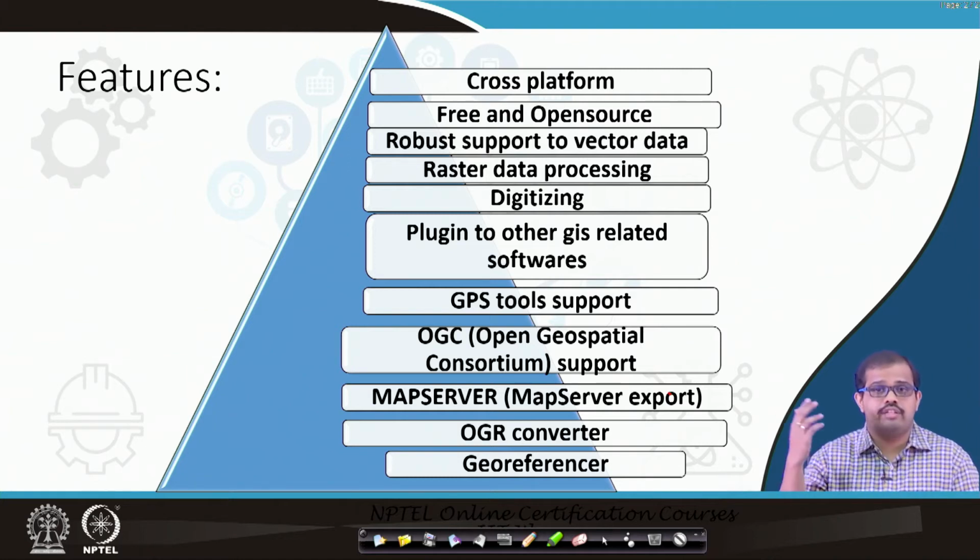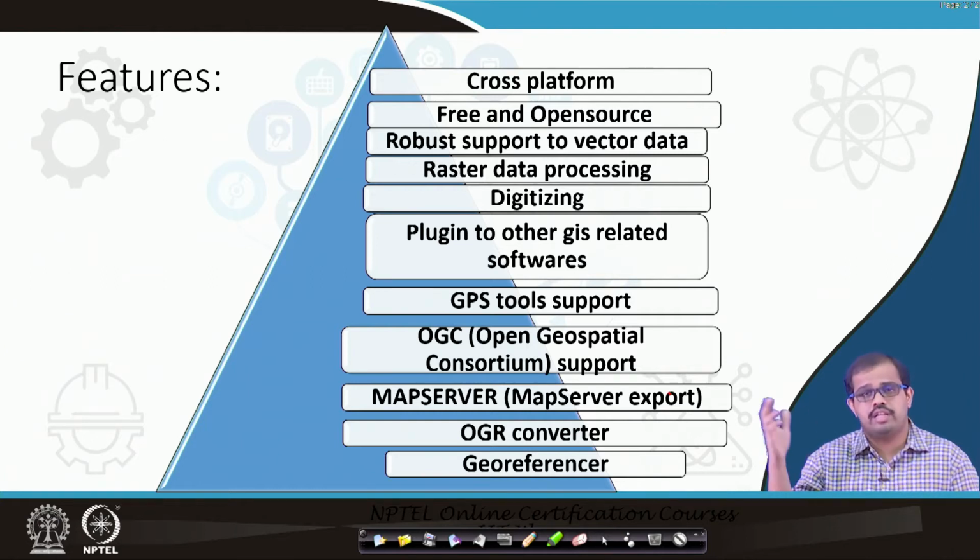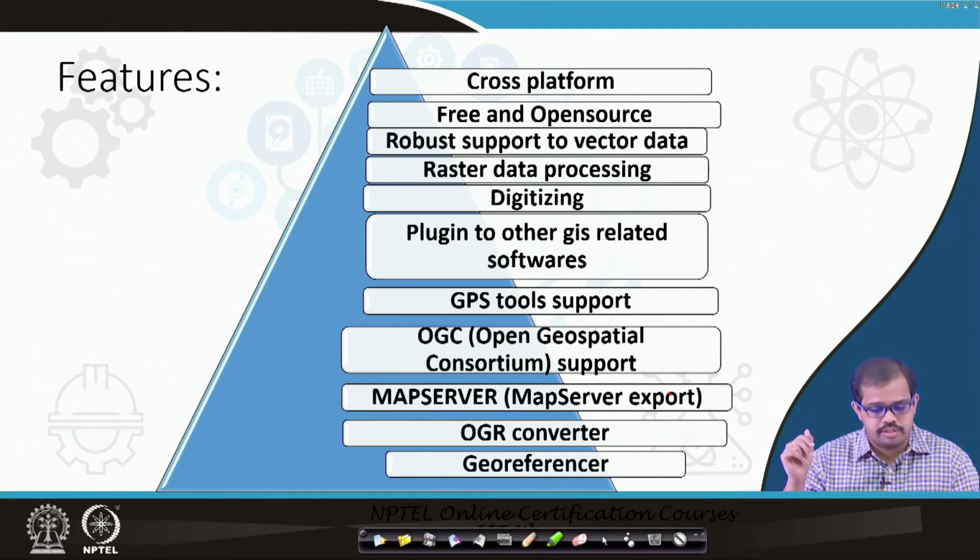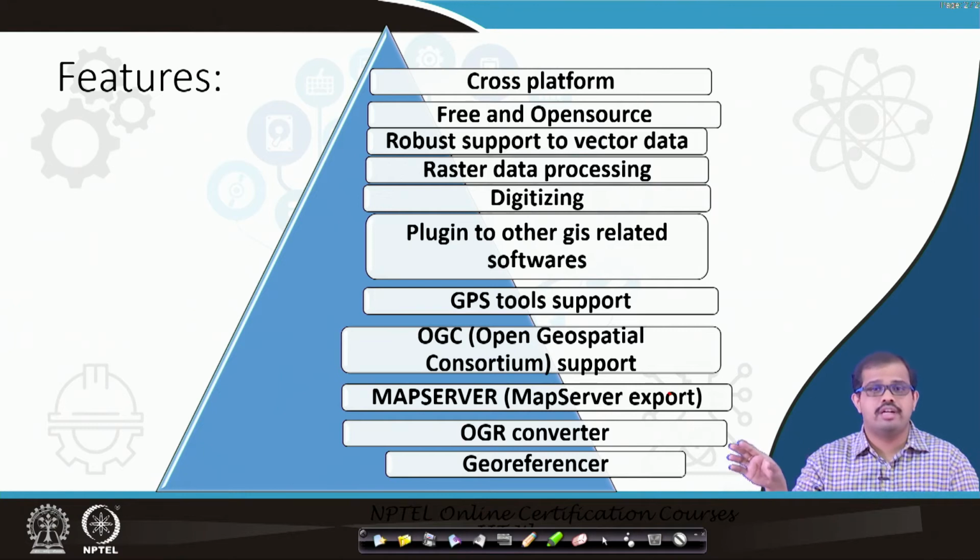Digitizing. Like you do in any other proprietary GIS software, it can do 2D and 3D digitizing in a much easier way, the same way that you do in most of the other software. Plug-ins to other GIS related software. Yes, it has a lot of plugins. You can plug in with other GIS related software, and also it has a repository of plugins which you can download and install, which you have already seen.